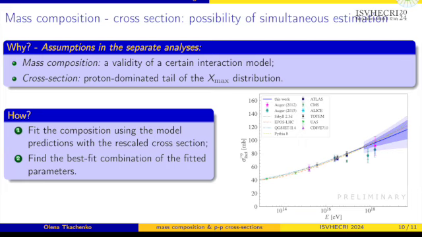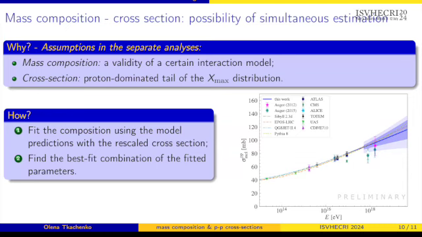That can be done in a very easy way by fitting the mass composition using the model predictions with the scaled cross-section. So, not fitting only the tail of the X-max distribution, but fitting the whole X-max distribution, and then finding the best-fit combination of the fitted parameters. The first attempts to apply this to the data show that, even by fitting the whole distribution and not only the tail, we still get the same cross sections.